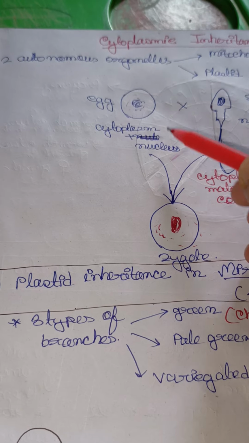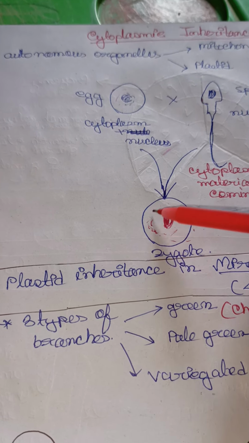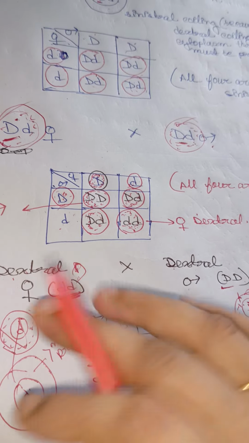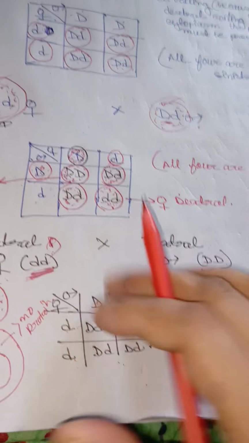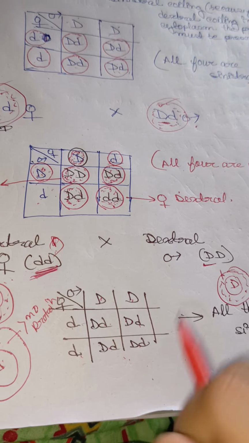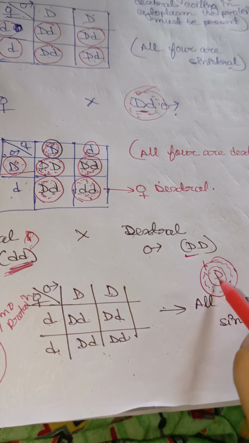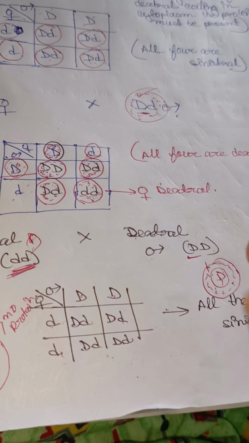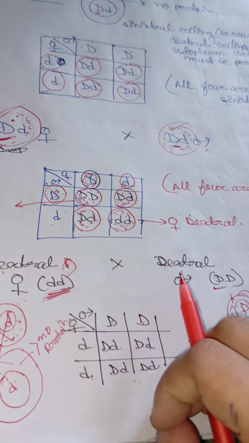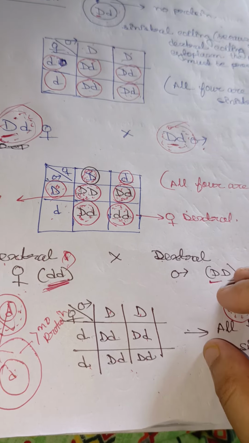Only the female gives the cytoplasmic material in the offspring, in the zygote, right? So in the female cytoplasm there is no protein. In the male they have protein in the cytoplasm, but in the offspring the cytoplasmic material totally comes from the female gamete, not from the male gamete.